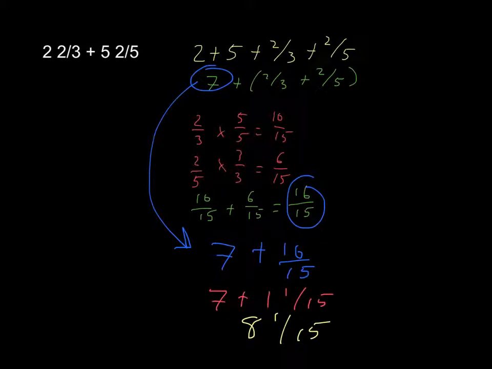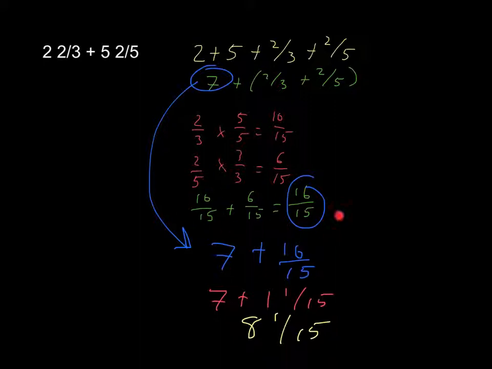So here's how I solved it. When I did it, I rearranged it so it's 2 plus 5, so I had those whole numbers first again, and then added my fractions. When I multiplied out the fractions, I used 5/5 as my fractional 1 to multiply it by 2/3 to find that it is 10/15. And then I took 2/5, multiplied by 3/3 to have a product of 6/15.